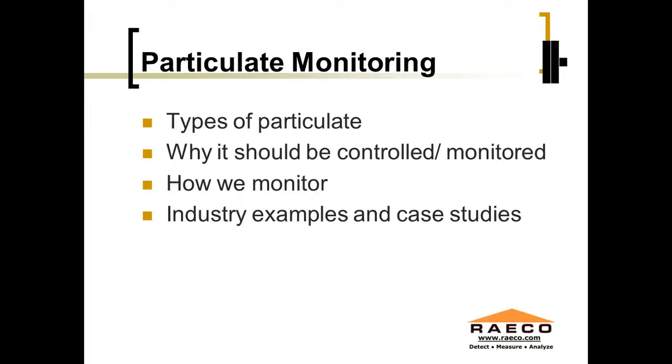Just to start, some of the areas that we're going to cover today is types of particulate, and by types of particulate, we'll be talking primarily about sizes: respirable, inhalable, and total, characterizing those and how we can measure those. Why, in general, should we monitor or control dust? That's from two specific areas that we're going to focus on.